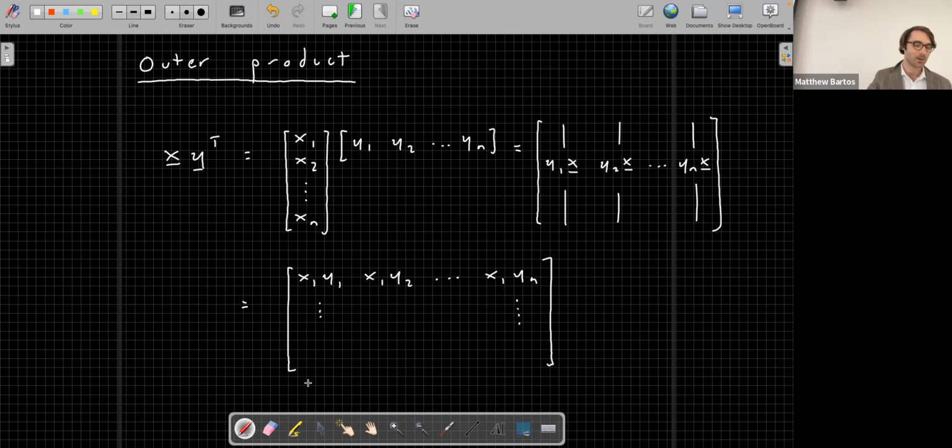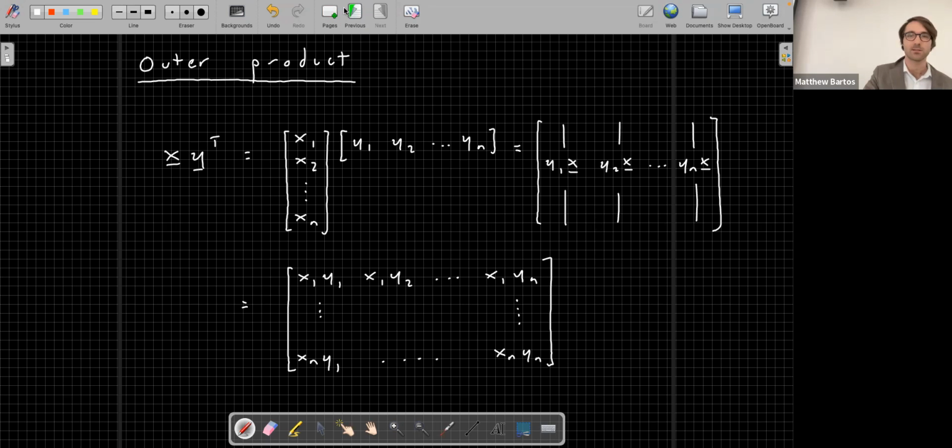In the final row, first column, you'll have xn y1, and the final element on the final row, final column, you'll have xn yn. Note that in the case of the outer product, these don't need to have the same dimension. We'll talk about the dimensions for multiplication a little bit later, but they don't necessarily need to have the same dimension for the outer product.